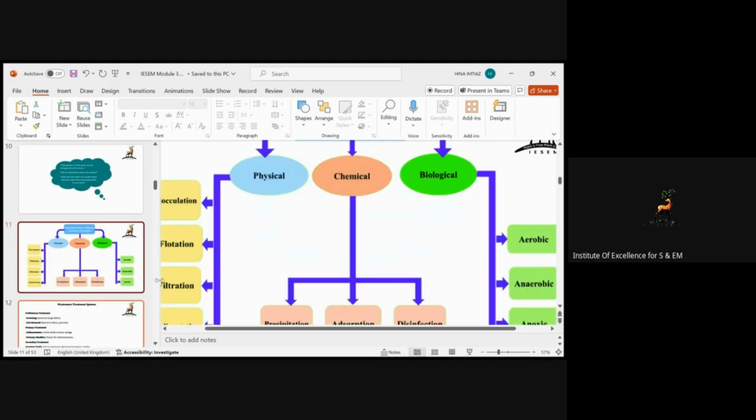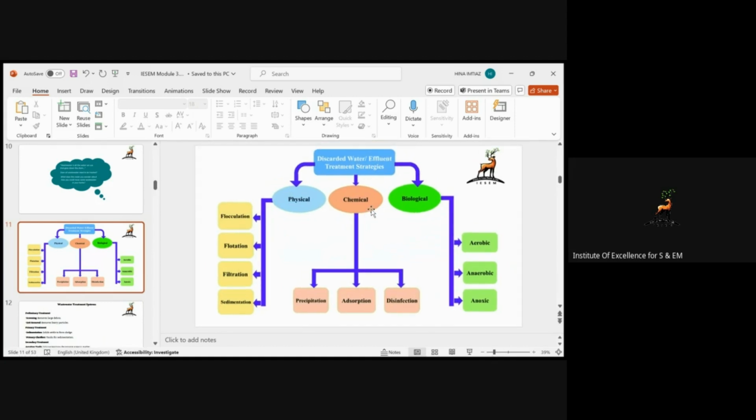So the next thing is, there are three main processes through which you can treat wastewater. Number one is physical, second is chemical, and third is biological. In physical methods, you have four options: flocculation, flotation, filtration, and sedimentation.